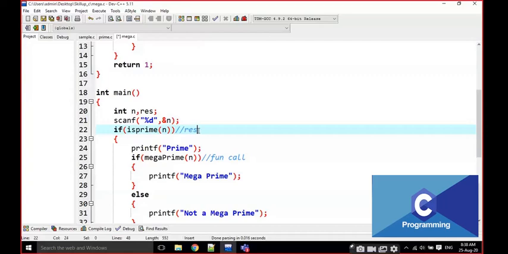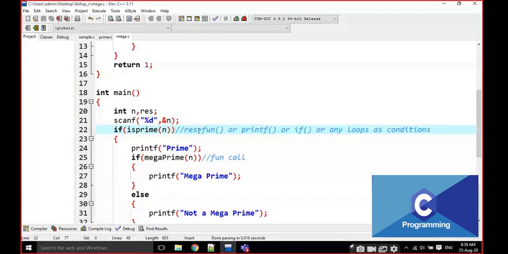For example, if the function calls are assigned to a variable name, or the function calls are inside a printf statement, or the function calls are in if conditions or in any loops as a condition, then in all four cases it is going to return something.